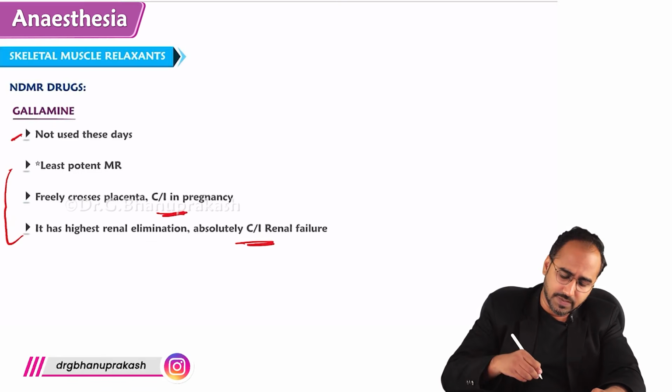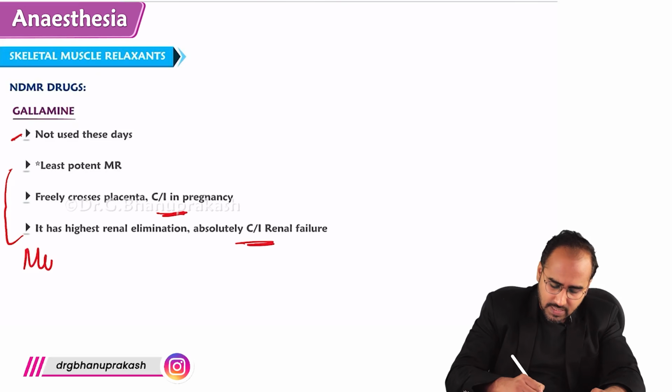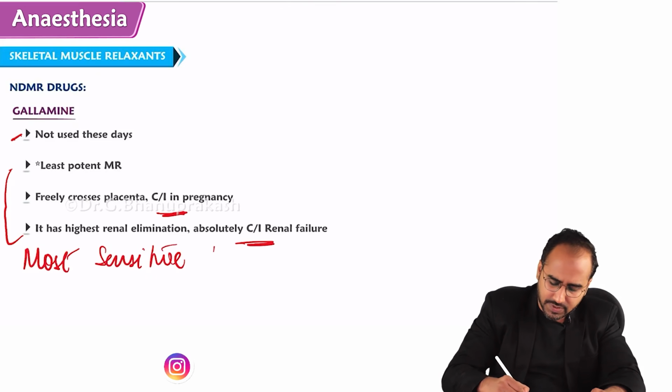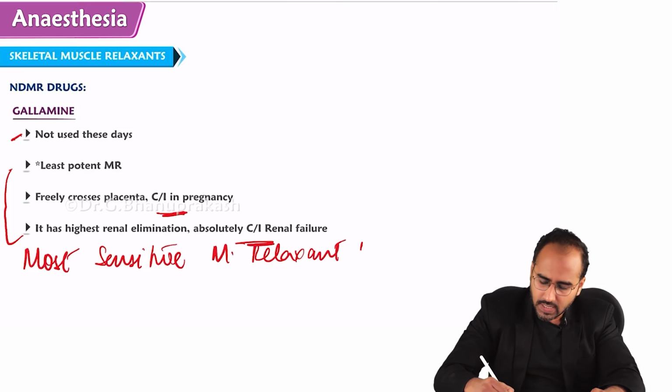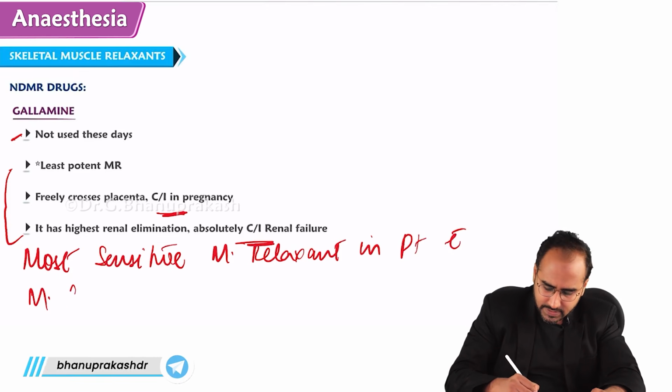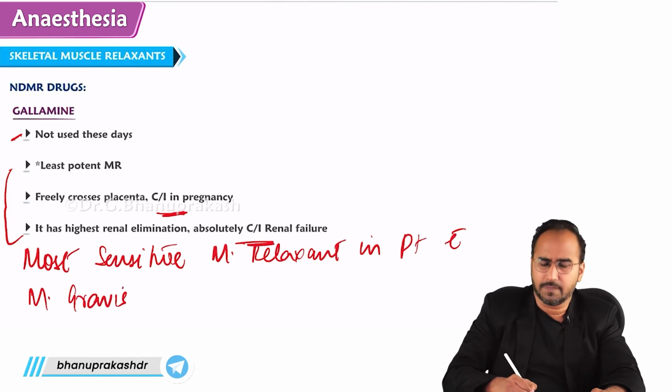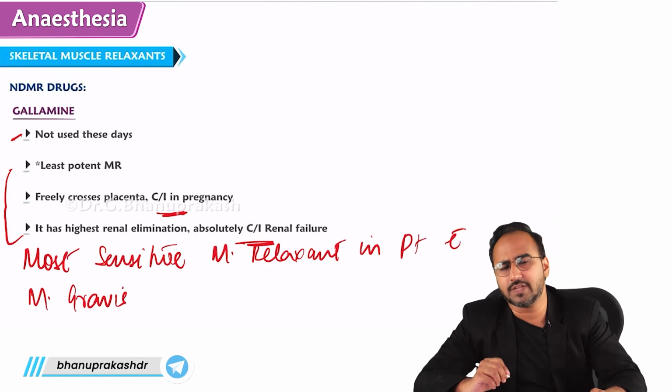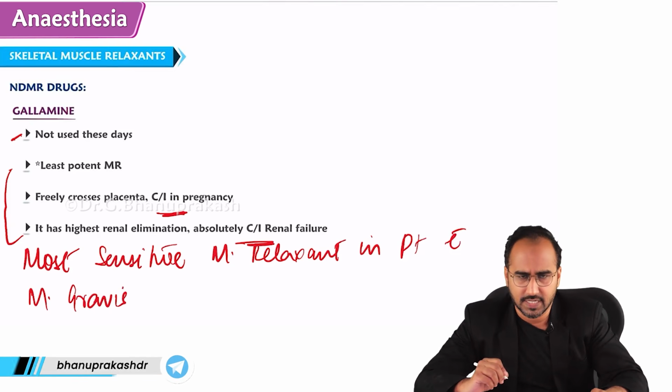But the most important point of Gallamine is that it is the most sensitive muscle relaxant in patients with myasthenia gravis, or in Amitabh Bachchan.